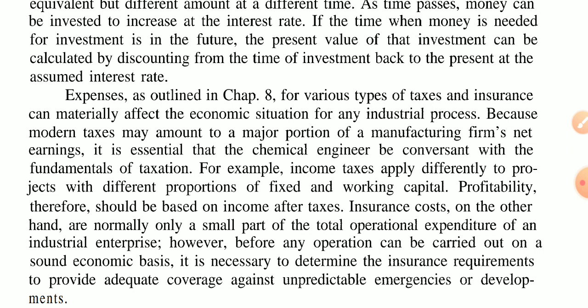It is essential that the chemical engineer be conversant with the fundamentals of taxation. For example, income taxes apply differently to projects with different proportions of fixed and working capital. Profitability, therefore, should be based on income after taxes.